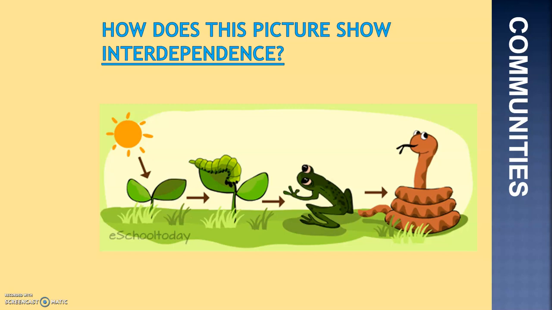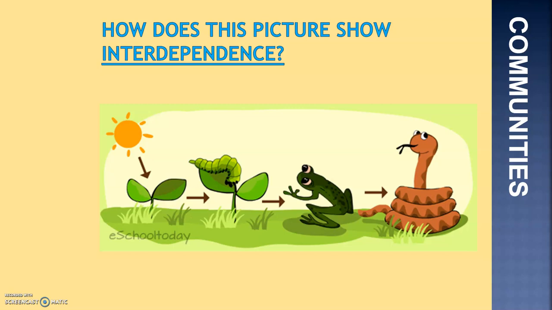Now, what I need you to do is look right at the screen, and say it out loud so I can hear you how they show interdependence. 1, 2, 3, and go. I want to hear you say it. Brilliant. Well done. That is really good.